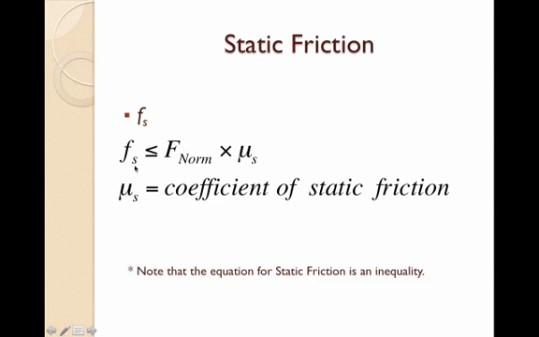And the force of static friction is always going to be less than or equal to, and it's important that you're noting that this is an inequality, less than or equal to the normal force times this mu sub s, or the coefficient of static friction. So static friction is less than or equal to the normal force, which should be equal and opposite the weight in most cases, times the coefficient of static friction, whatever that number is. And mu sub s, again, coefficient of static friction.